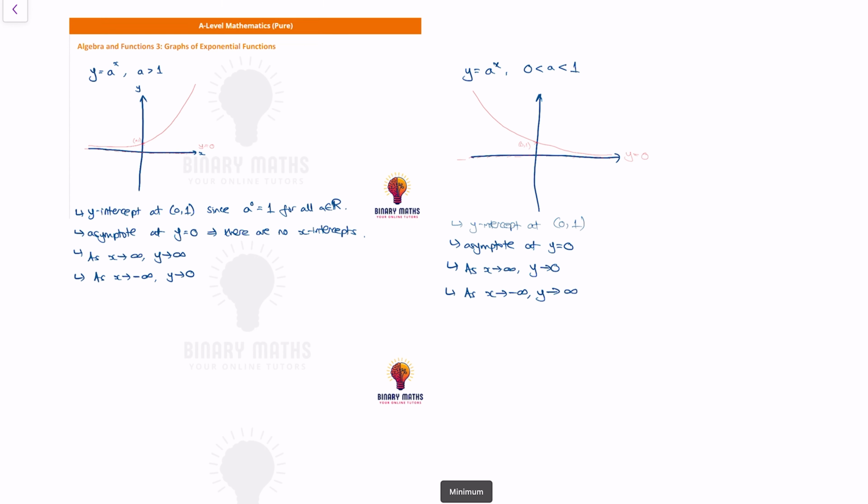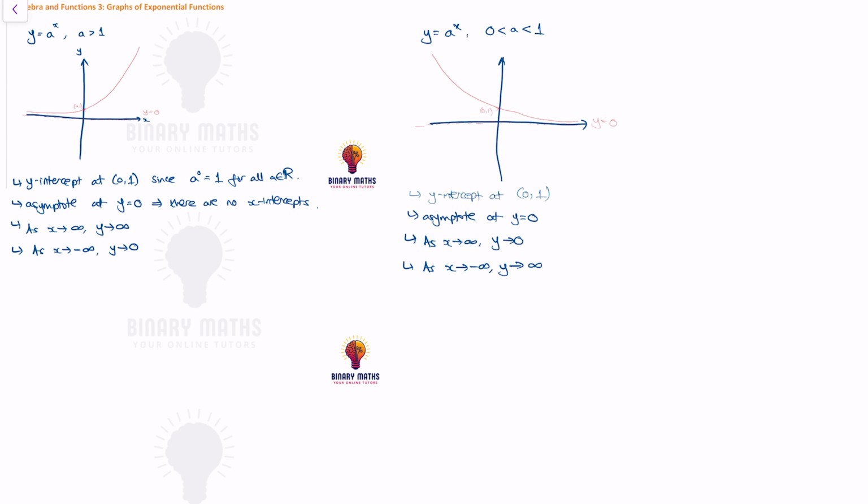Now, also looking at these cases, if I had to sketch y is equal to 2 to the x, y is equal to 3 to the x, and y is equal to a quarter to the x on the same graph.